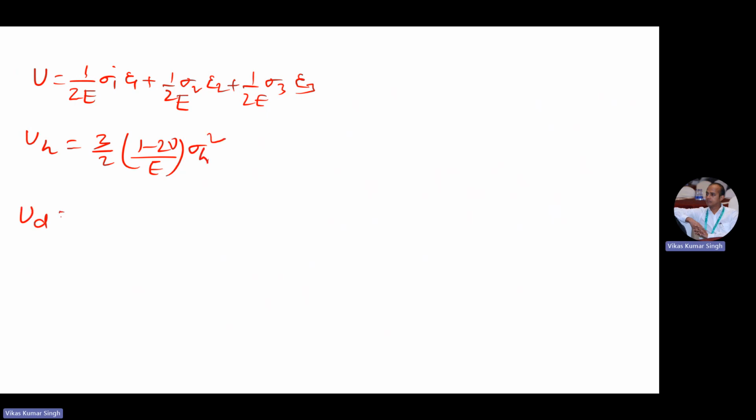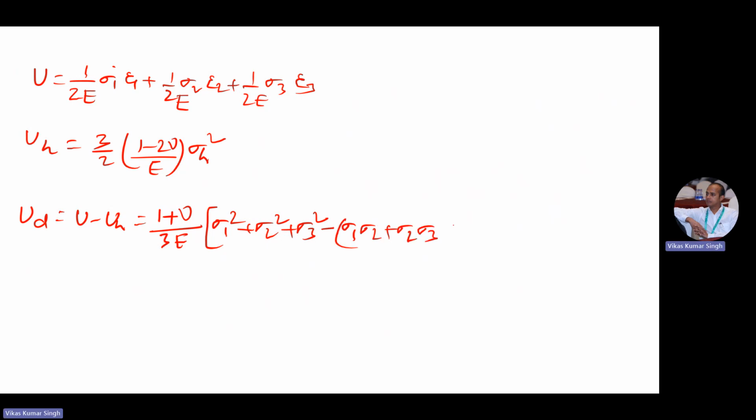Now UD equals U minus UH, and if you put these values, the final expression is just calculation, nothing else. There is no concept, only a mathematical expression which you have to solve. So 1 plus nu by 3E into sigma 1 square plus sigma 2 square plus sigma 3 square minus sigma 1 sigma 2 plus sigma 2 sigma 3 plus sigma 3 sigma 1.